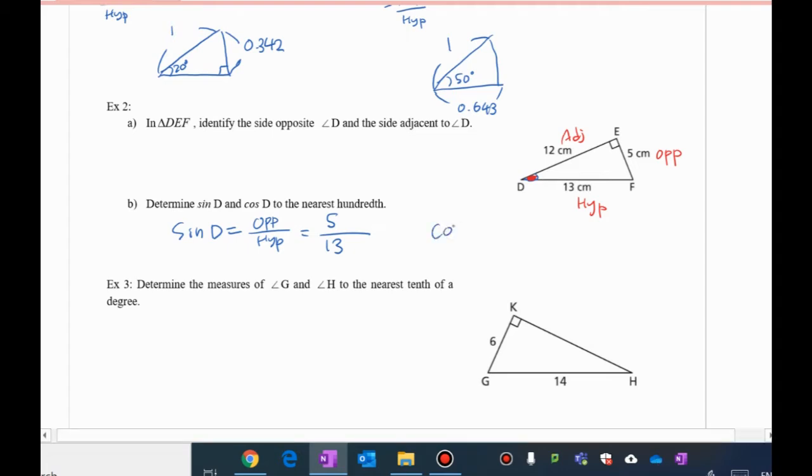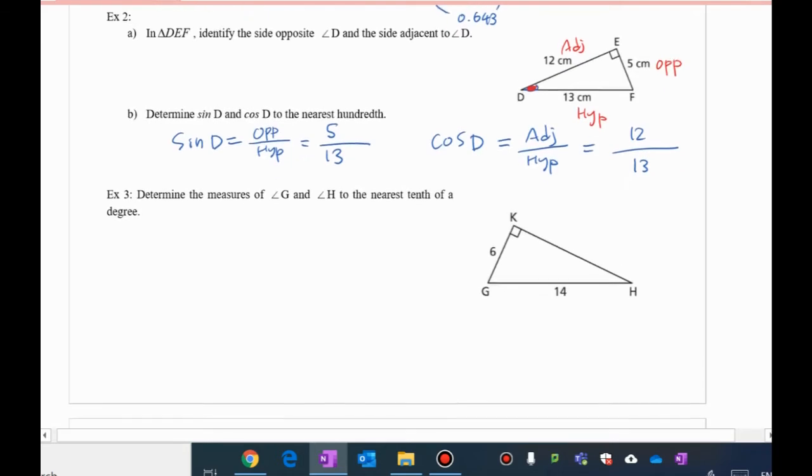And we're going to find cosine D. Cosine D ratio. So CAH, adjacent over hypotenuse. Adjacent is 12 centimeter. And hypotenuse is 13 centimeter. So we can omit centimeter. So that is 12 over 13. That's the cosine ratio.